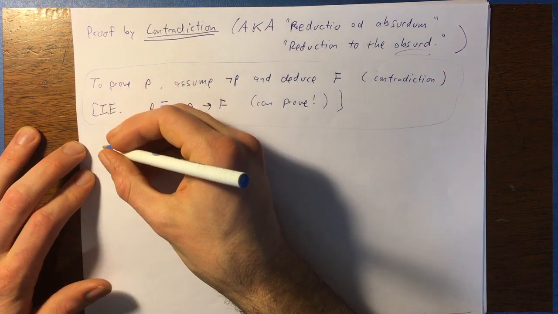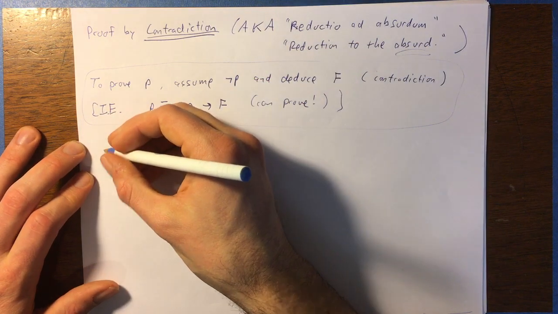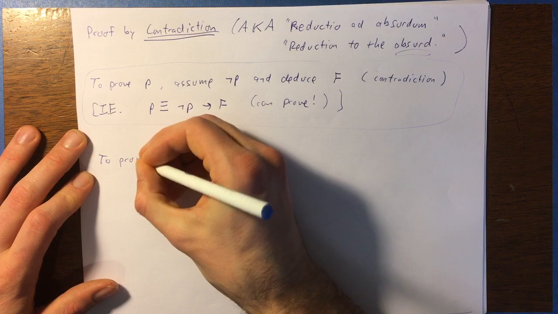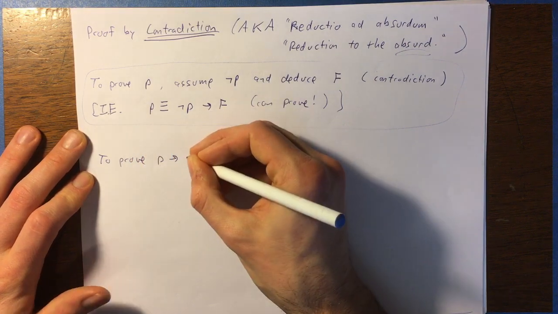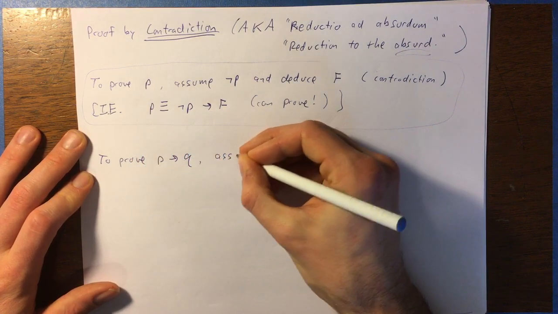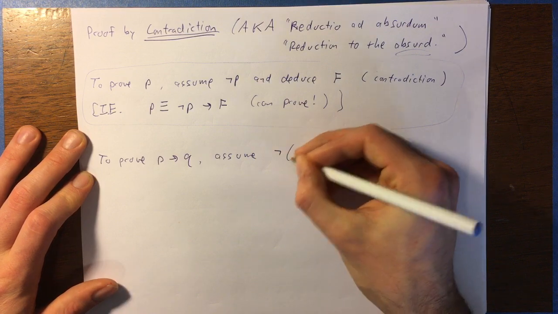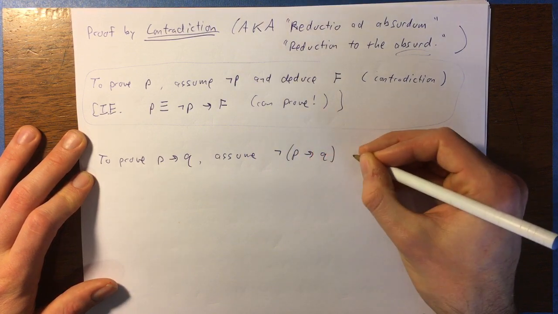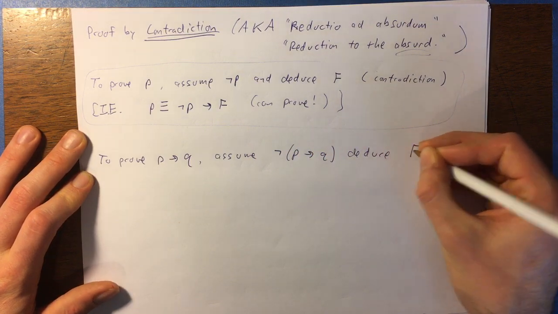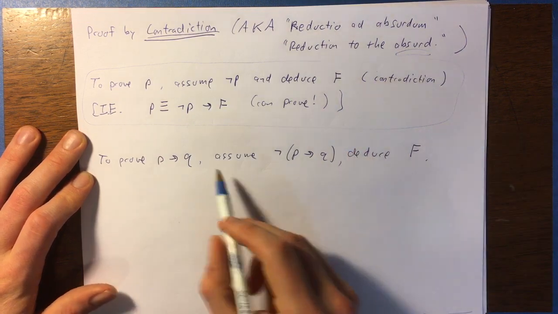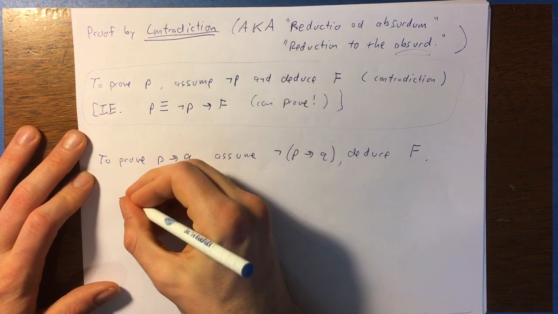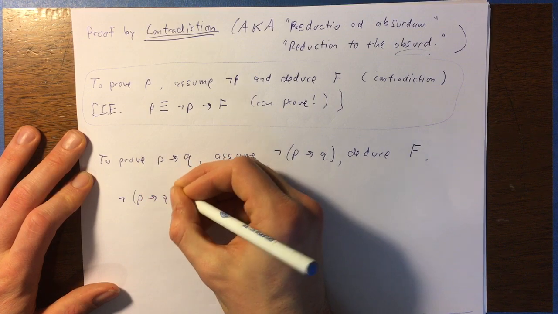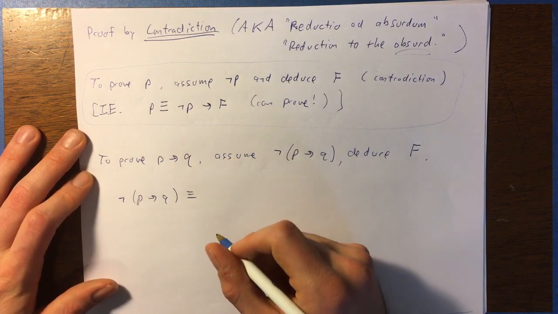Now, the specific version for an implication is the same idea. What we're going to do is assume the negation of P implies Q, and then deduce a falsehood. So assume the negation of P implies Q, but what is that? What is not (P implies Q)? Well, remember the conditional disjunction equivalence.